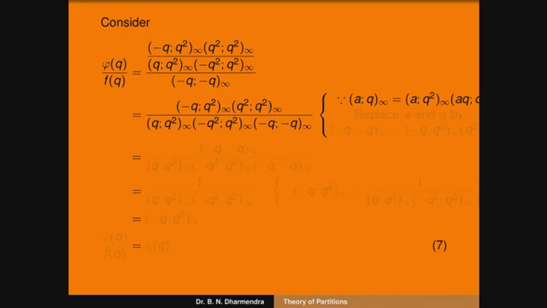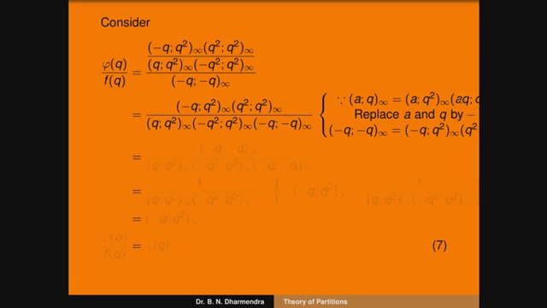So just we have to observe here, we know that a q infinity is a q square infinity into a q square infinity. When you replace both a and q by minus q, that becomes minus q infinity, which equals minus q square infinity.